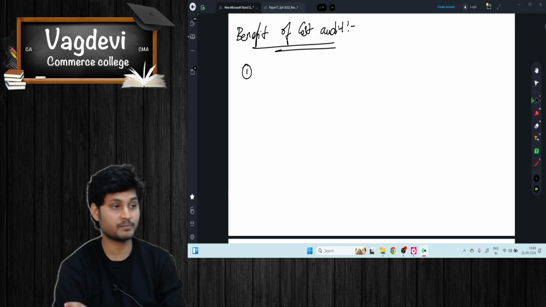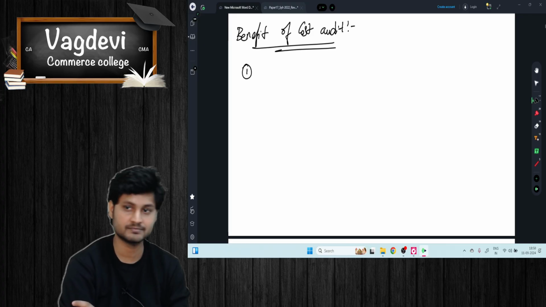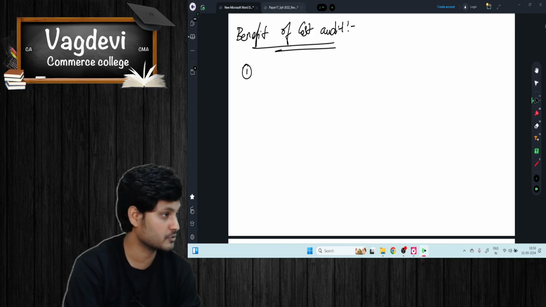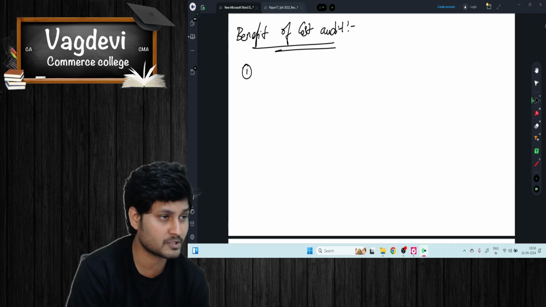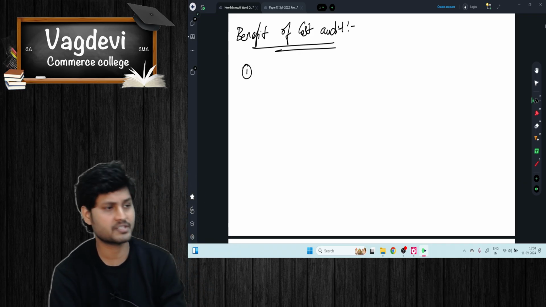Whether to start that company or not, you need to decide. So management may need to ascertain the cost for that new project. If the cost is too high compared to the revenue we get, then don't start that business. So for that reason, cost records may be useful. So the second point is also easy, for the purpose of decision making. Which kind of decisions? It may be investment decisions.